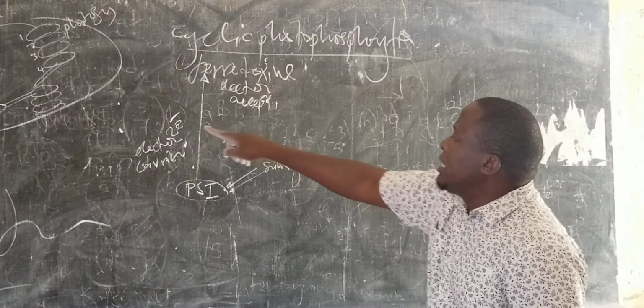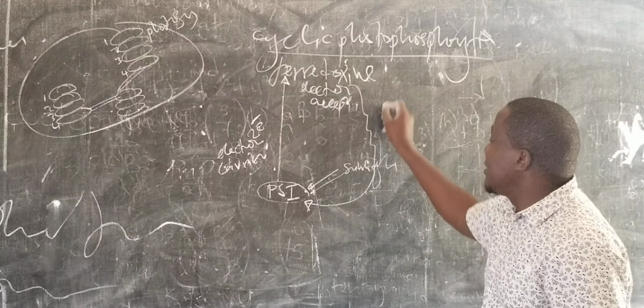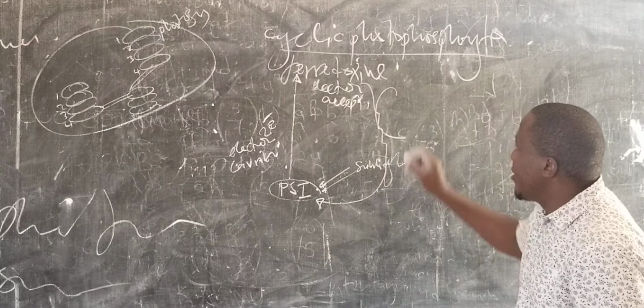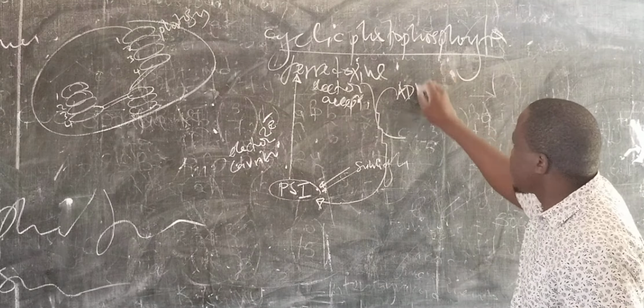You know very well that when these electrons move to a high energy level, they cannot be sustained there. They must come down, and here they will lose energy. The energy they lose allows the combination of ADP and an inorganic phosphate. We put an arrow there to the product, the ATP molecule.